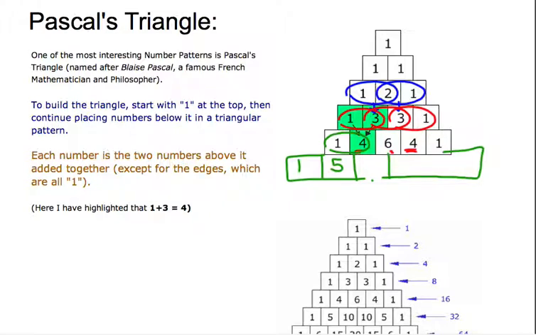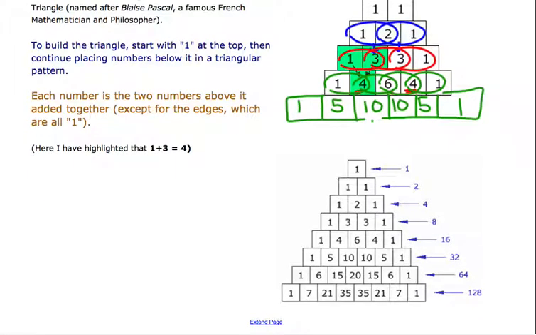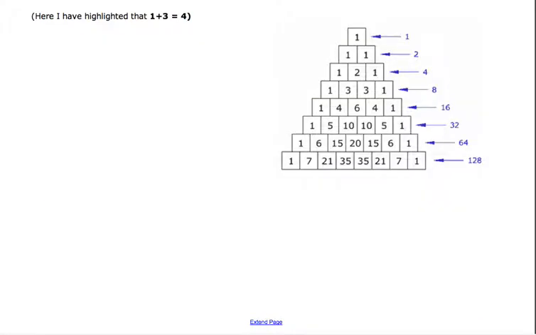And 4 plus 6 is 10. 6 plus 4 is 10. 1 plus 4 is 5. And then the last one is 1. So you'll see below here, we've gone up to the 7th row. We call this row 1, row 2, all the way here to row 7.